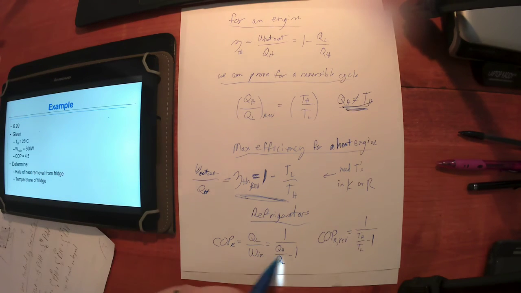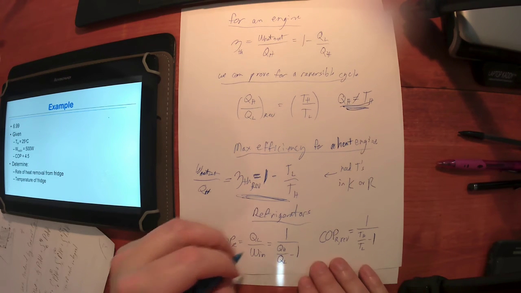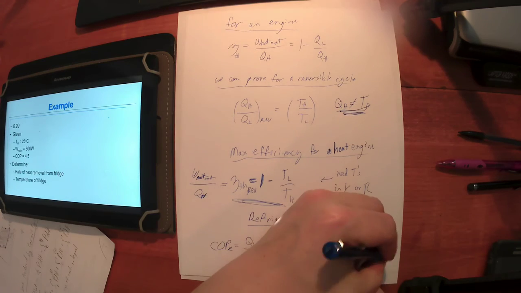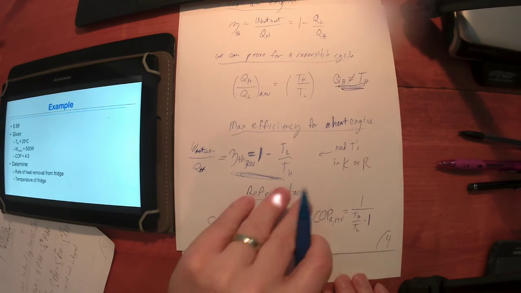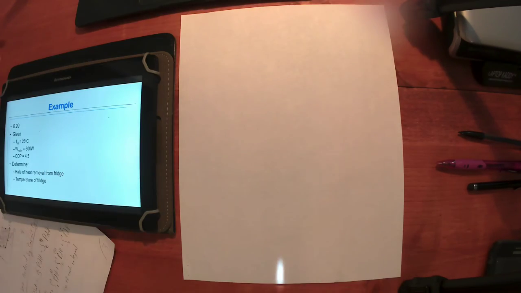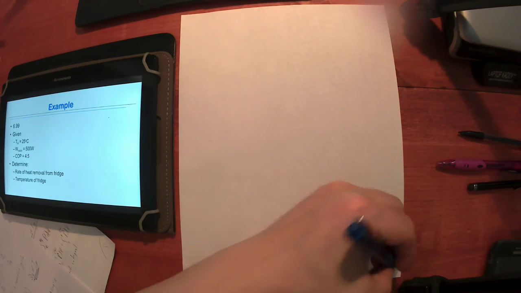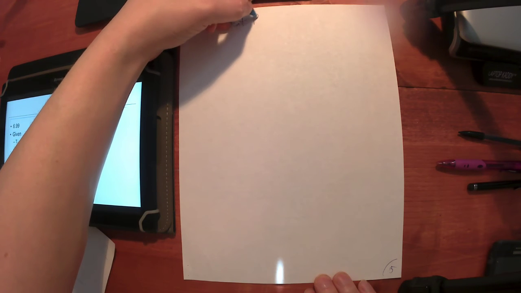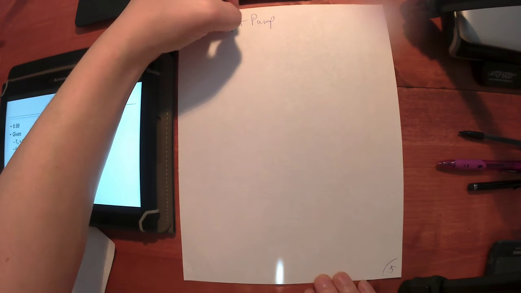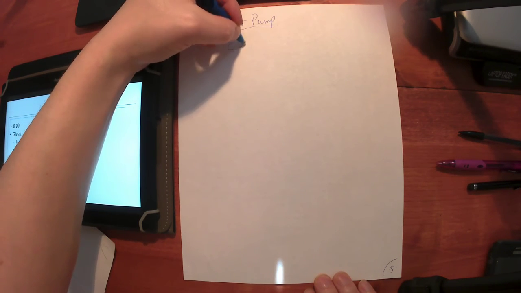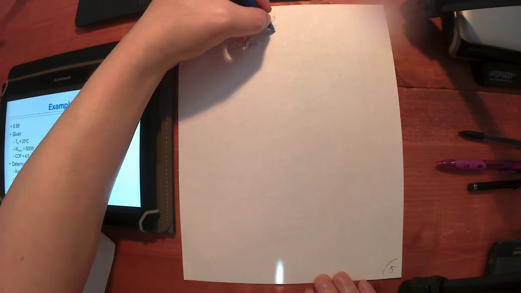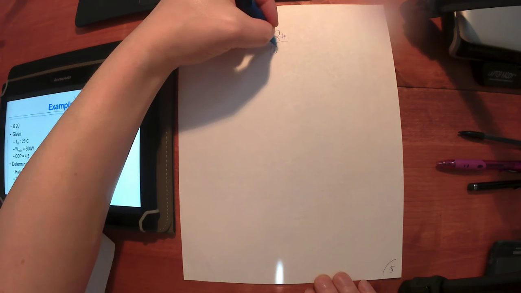And we could do the same thing for heat pumps. This is number 4. We can do the same thing for heat pumps real quick here. So number 5 for heat pump. The coefficient of performance for a heat pump is always going to be QH over work in.